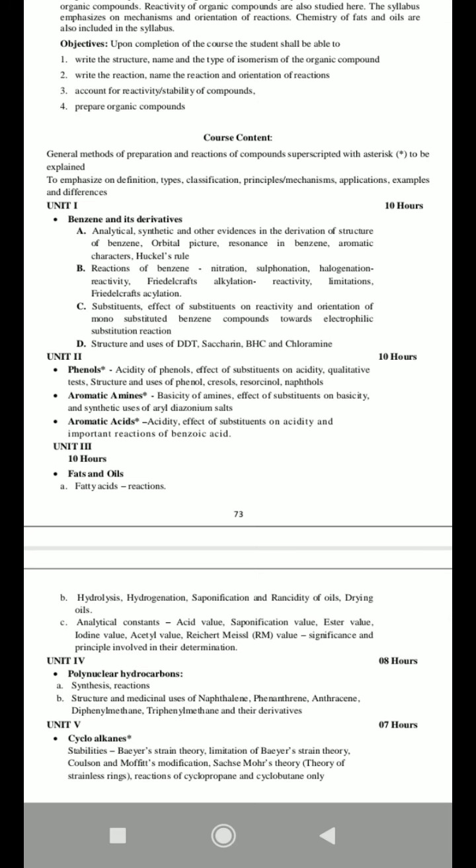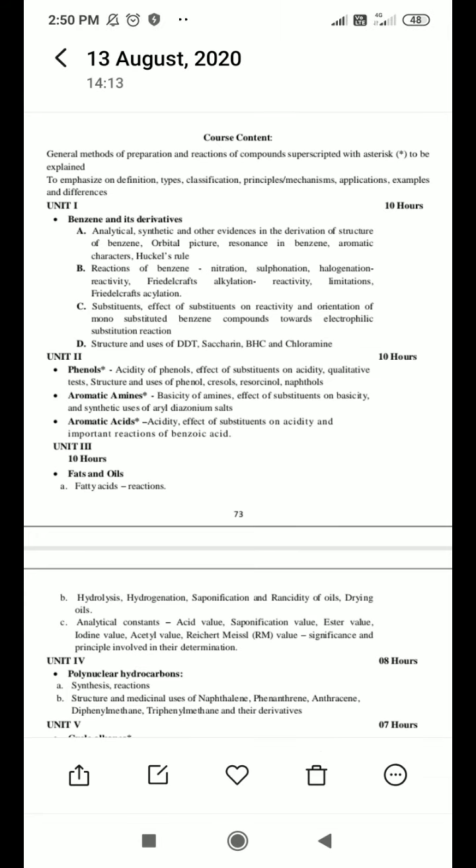Then the next point is C, effect of substituent on reactivity and orientation of monosubstituted benzene compounds toward electrophilic substitution reaction. Substituent means, for example, nitrobenzene. In that, the nitro group is the substituent group. Okay.